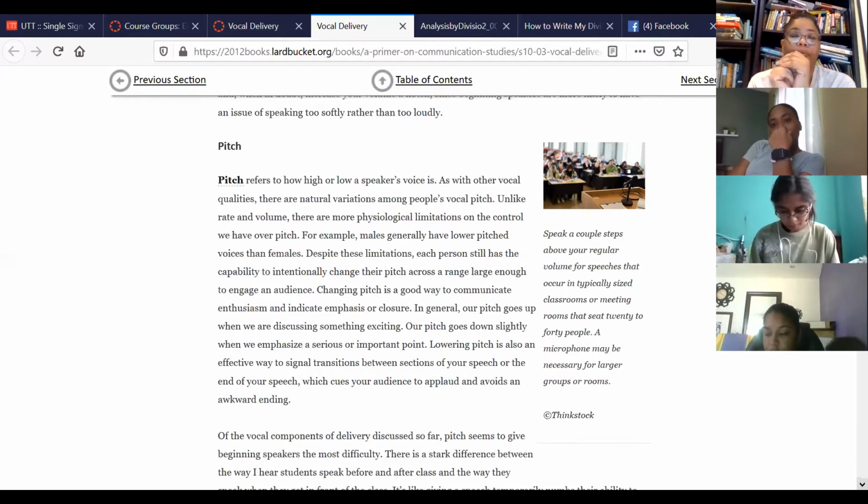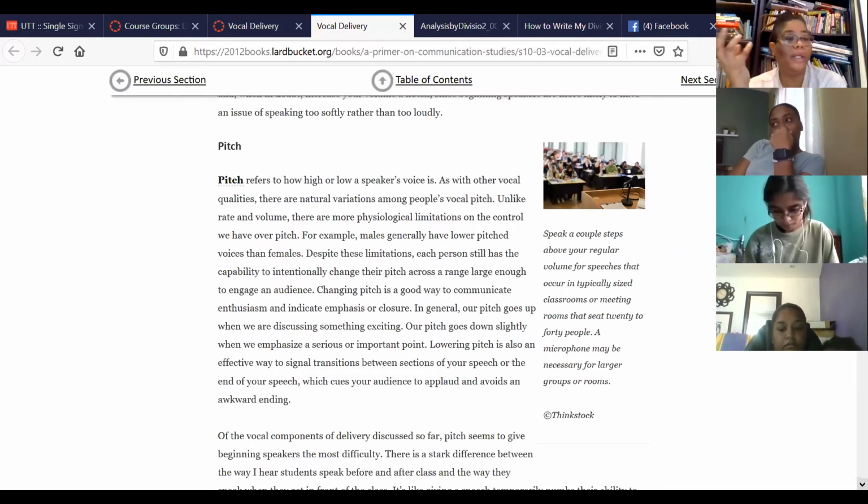When we're excited, we tend to go up in pitch. So if you want your audience to be excited about something, you might play around with how high your voice goes. Just knowing that if it goes too high, it could also irritate a lot of people.